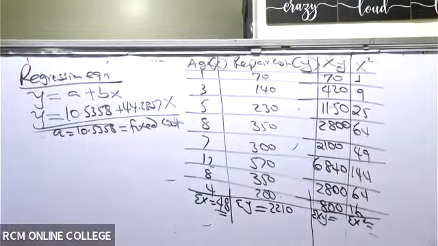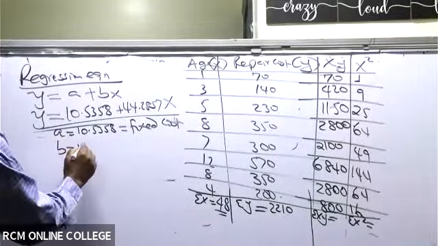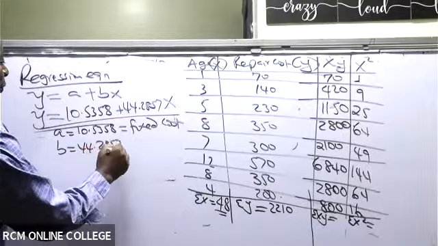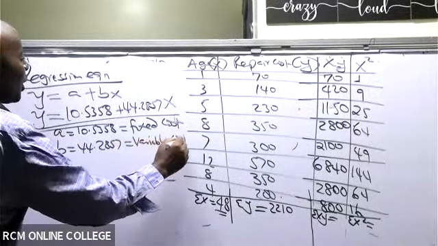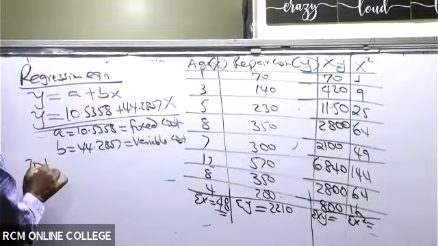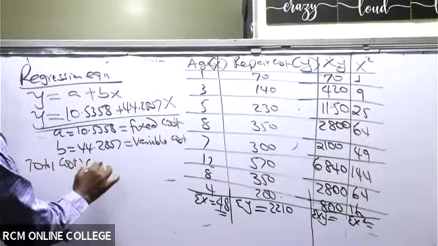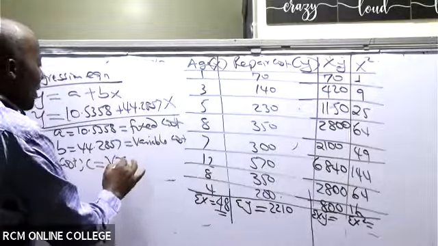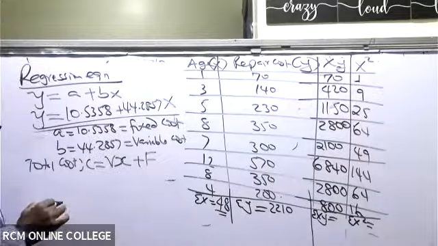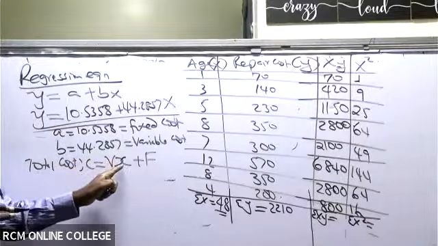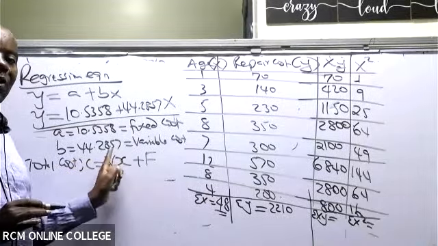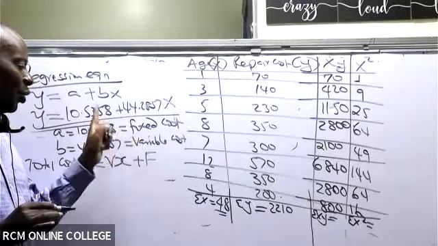And then of course we have B. B is 44.2857, which is the variable cost. Ladies and gentlemen, remember generally our total cost C equals Vx plus F. The one that has got X is what varies, so this is the variable cost.